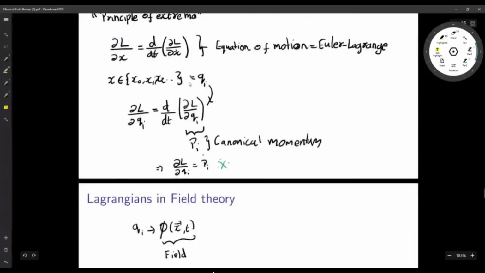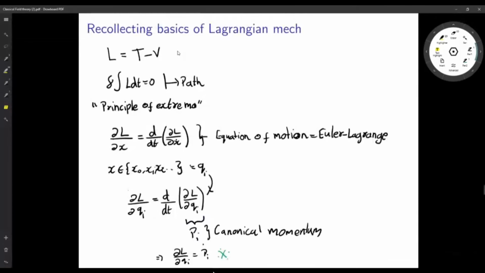Another thing which you may not have noticed is the Lagrangian is actually defined quite rigorously as a map that takes the generalized position and velocity, or qi dot, and time, and maps this set to a real number. So you have a qi dot dependence here as well for a Lagrangian.